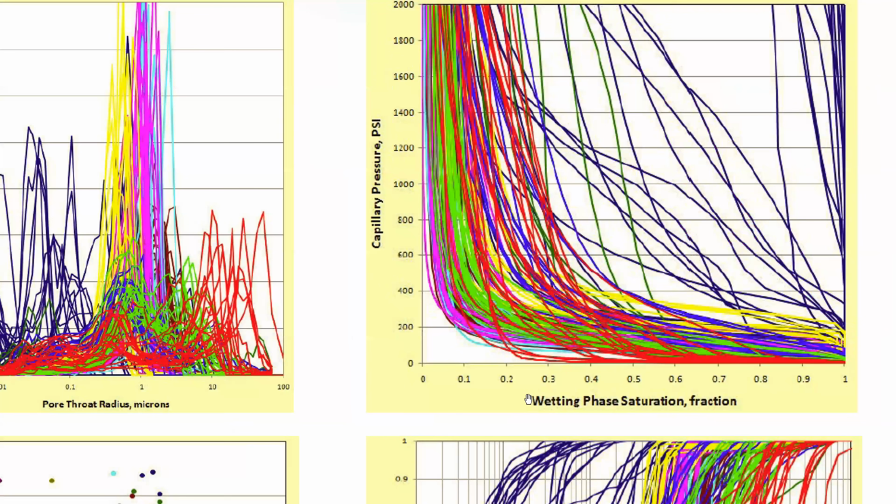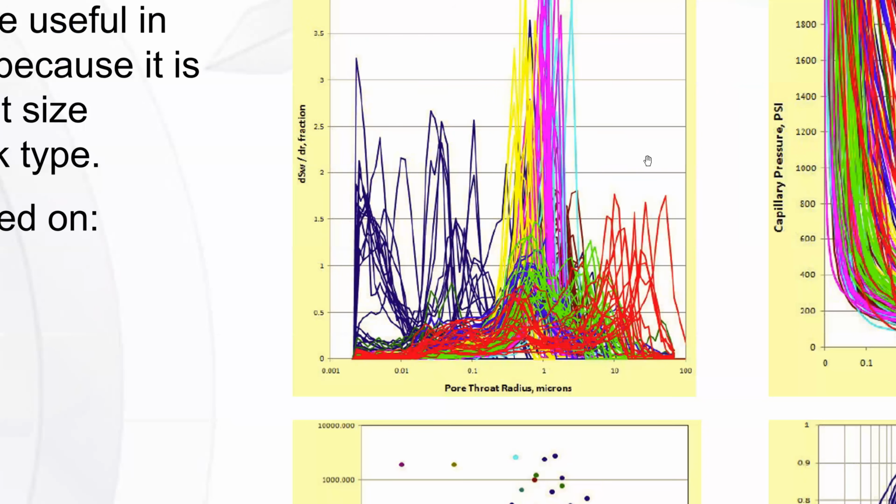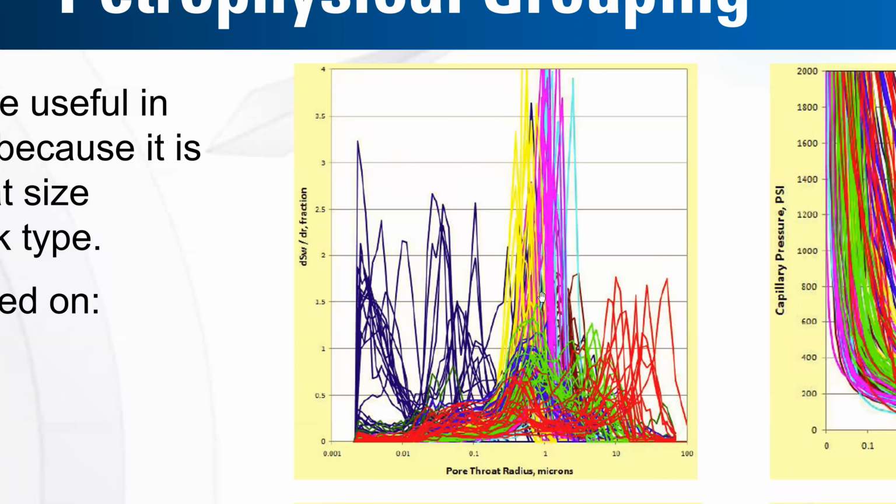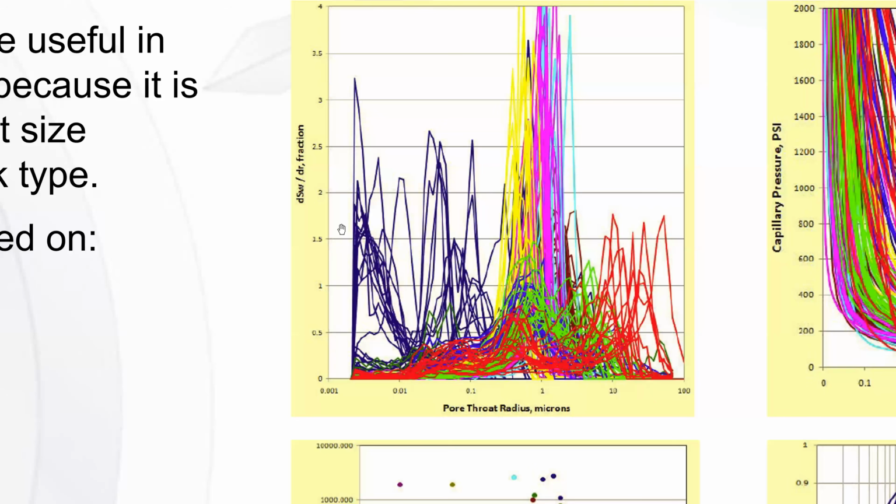And this is the pore throat radius in micron. So this group of curves represents the highest quality rock type with the maximum pore throat radius. This one we have slightly lower quality, and the lowest quality rock type is here. We have very low pore throat radius, less than 0.01 micron.